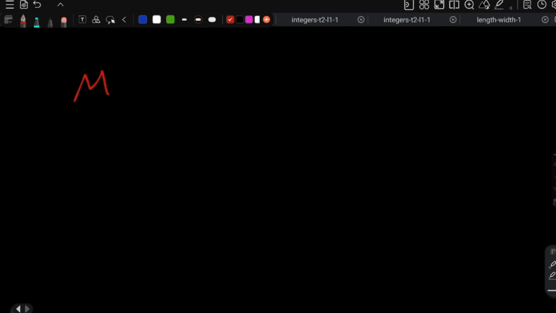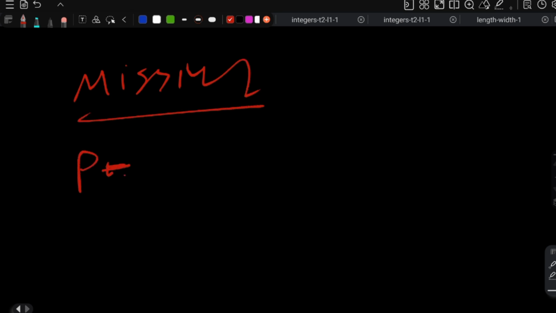So if we have a missing side, we will use the rule of the perimeter here. 2 times what number? Okay, give me the perimeter. So you will have a given length or width or whatever. You will ask yourself this question and you will know the missing by an easy method.